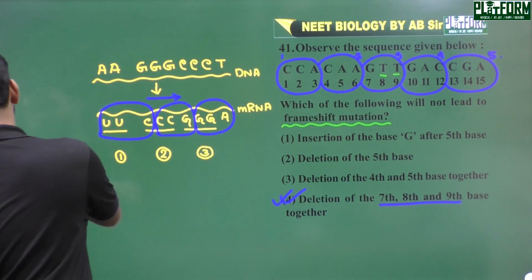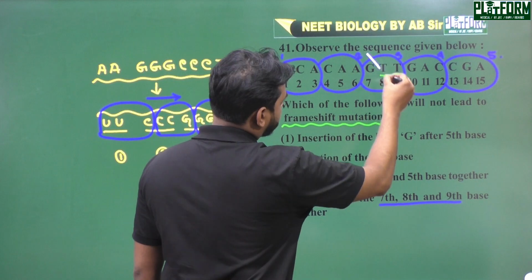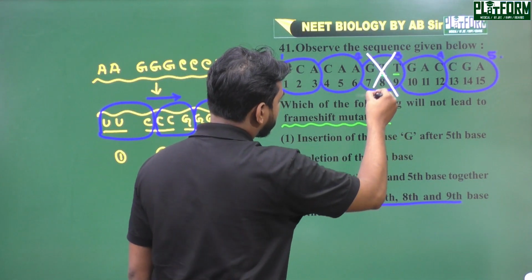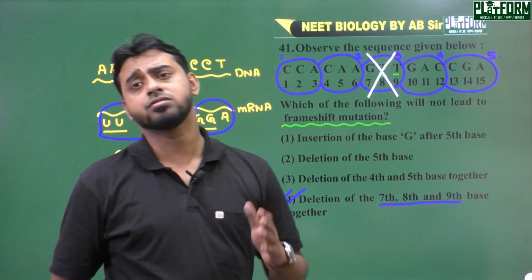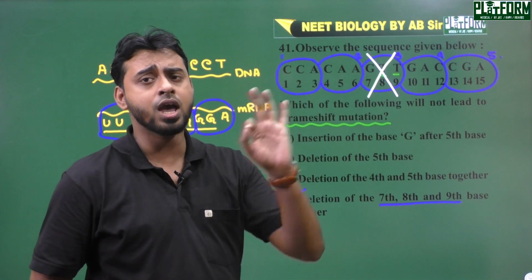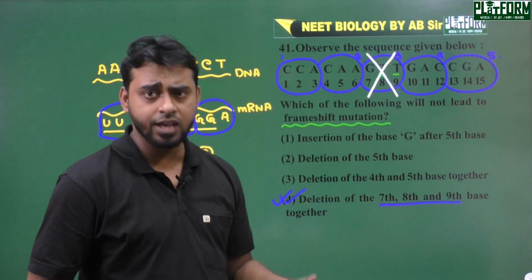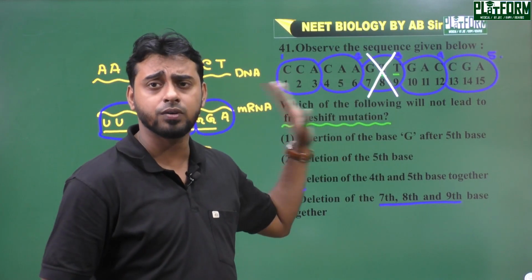Now as we delete the whole codon together, the remaining nitrogen bases remain the same. There is no shift. Definitely one amino acid will be less in the protein molecule produced from this particular DNA.